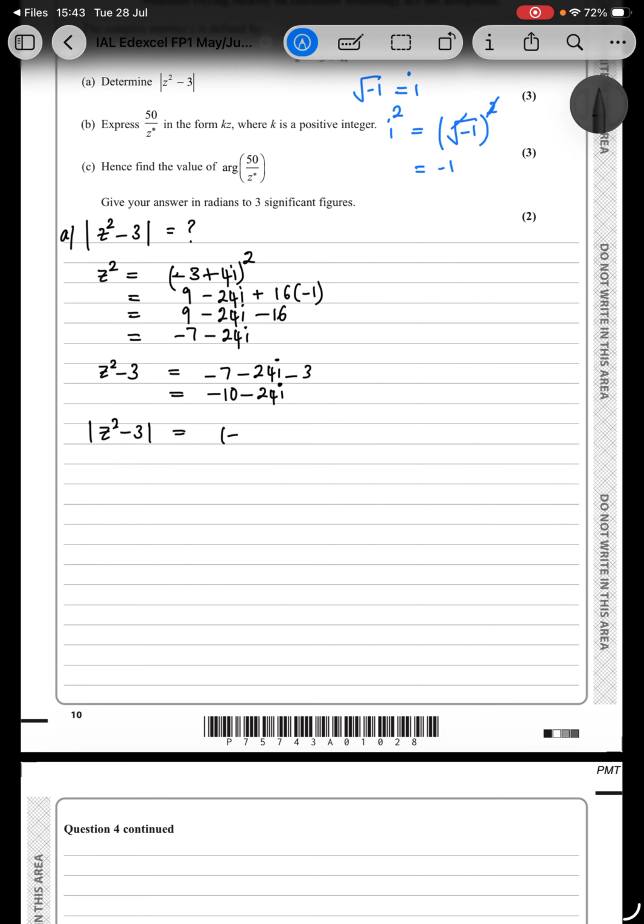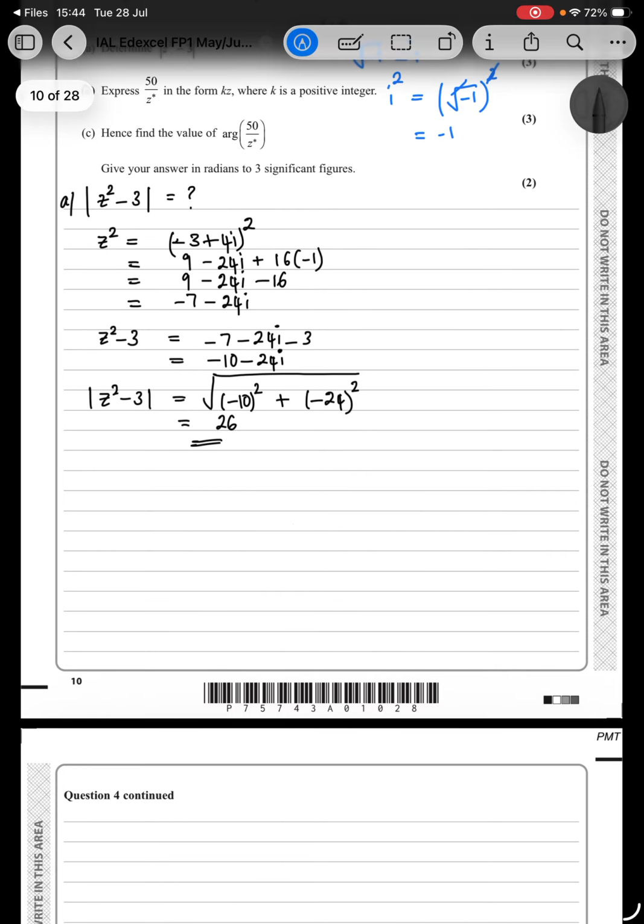So this is going to be the square root of minus 10 squared plus minus 24 squared. We don't include the i when we're finding the modulus. So we can calculate this to get 26. And that will be the answer to part A.